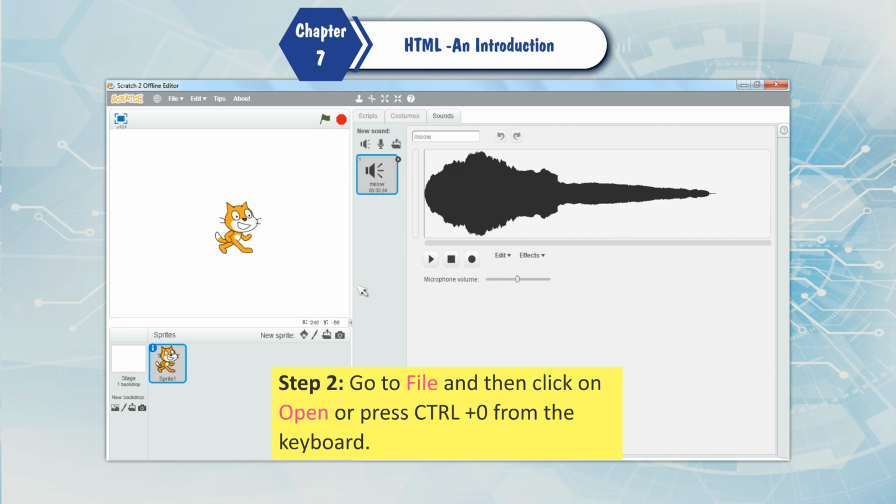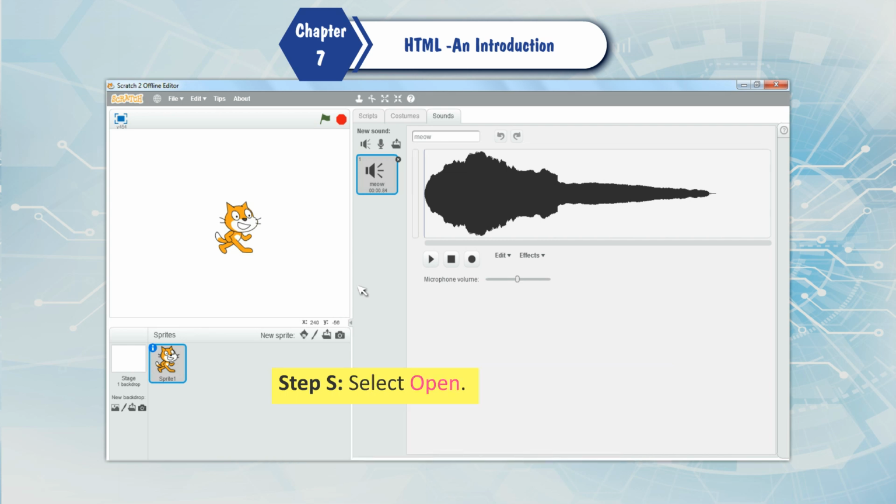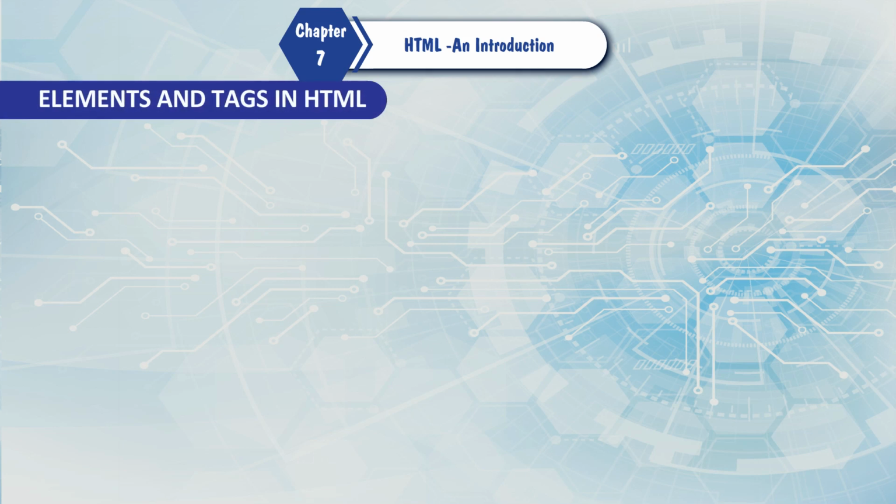Go to File and then click on Open, or press Ctrl+O on the keyboard. You will see that an Open dialog box has come up on the screen. Now select the HTML document which you have created with the name My First HTML Program. Select Open.